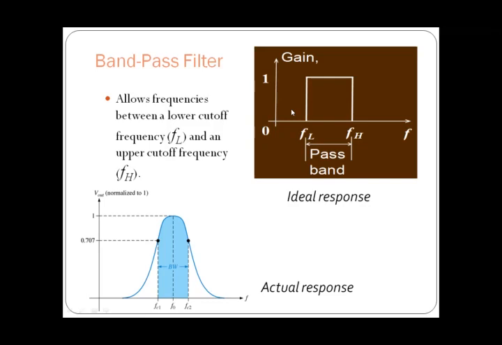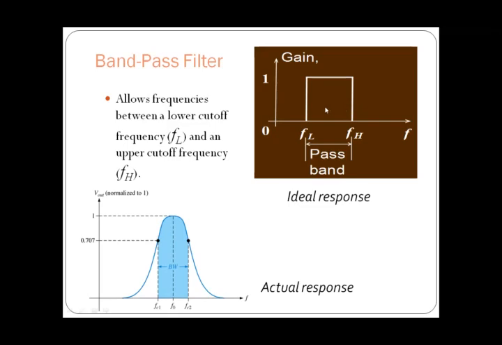This band pass filter can be constructed by using a low pass and a high pass filter. First we place the high pass filter, which has the lower cutoff frequency FL, and after that we place a low pass filter which has the higher cutoff frequency FH.